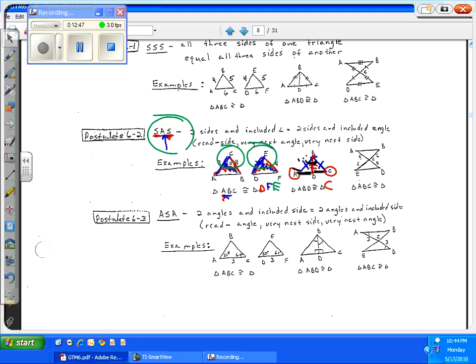It's equal to the B that's opposite that, but that was the marked angle anyway, so the B is equal to the B because they were marked equal. D is opposite the blue side here. It's opposite the blue side there, so D is equal to D because they're opposite matching sides. Okay?